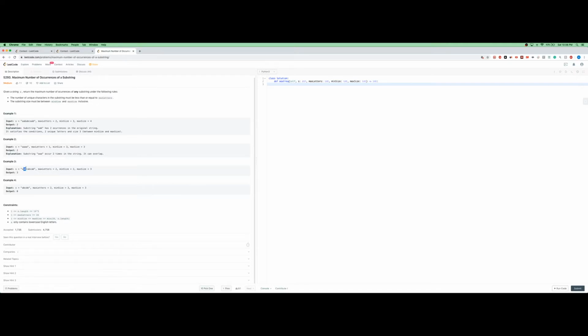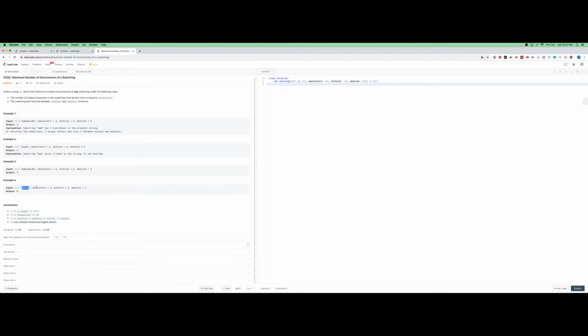So AB occurs here, and then occurs here, so it occurs 3 times. Max letters is just 2 letters, so the first condition is valid. The substring size is 2, so it is within the range, and the number of its occurrences is 3, so that's why we are returning 3 here. Here the number of occurrences was 2, and so we are returning 2.